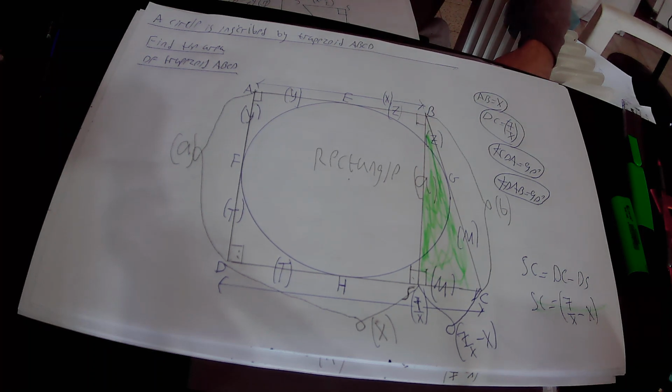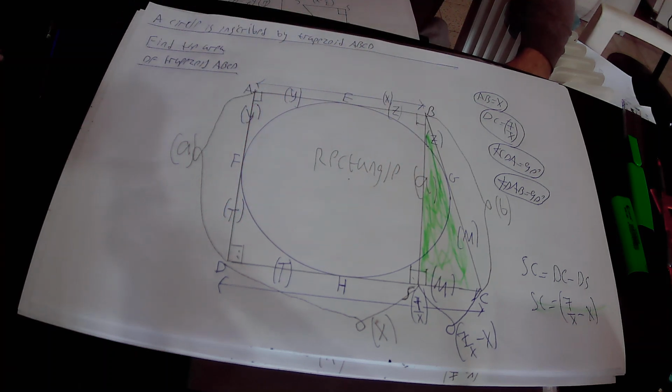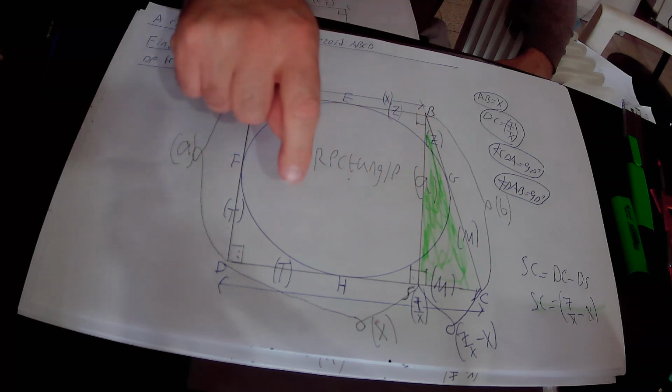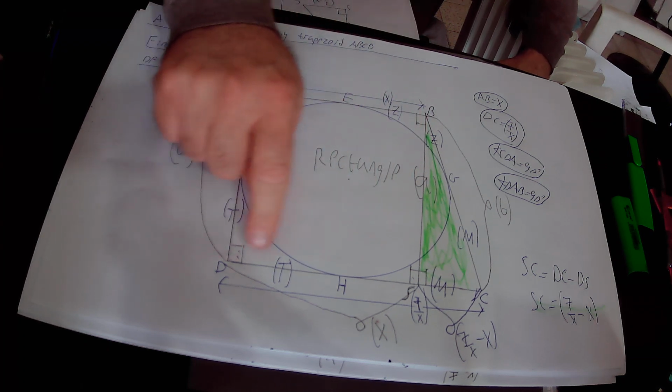So inside this quadrilateral ABSD, we have four right angles, and any quadrilateral that has four right angles must be a rectangle, if not a square. So we relate to this quadrilateral ABSD as a rectangle. The opposite sides of a rectangle are equal to each other. So in rectangle ABSD, side AB equals the opposite side DS.